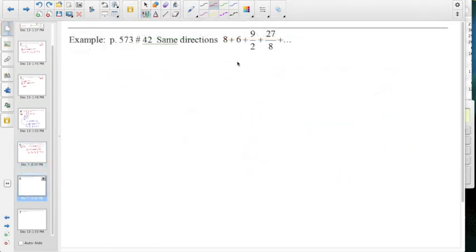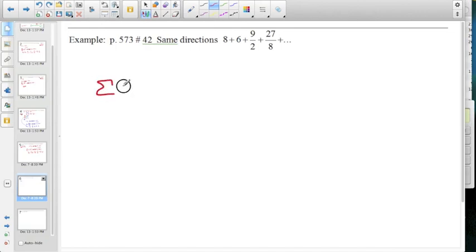Sometimes what they'll do here is they'll give you a partial expression for the sum. So they give you the first 4 terms of this series. And so they expect you to be able to come up with the expression in sigma notation.